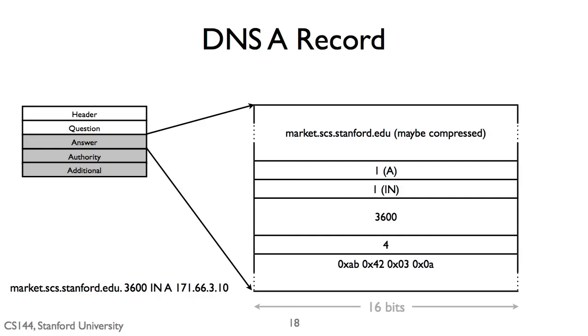The next 4 bytes say 3600, so the TTL of this record, the time to live, is an hour. Then the length of the RDATA, the length of the internet address, is 4 bytes, and then here are the 4 bytes. If you were using dig, you'd see it printed out like this, but the overall record actually looks like this.